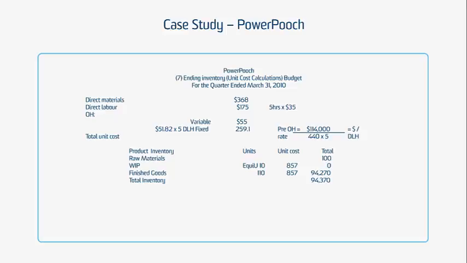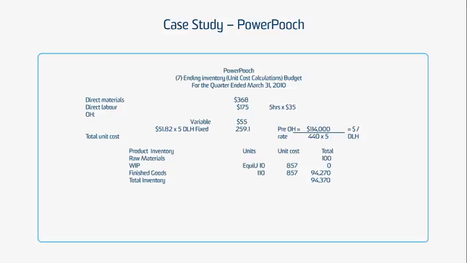For overhead, the variable is $55 per unit. Then to calculate the fixed component, we take the total fixed overhead of $114,000 and divide it by the number of direct labour hours.